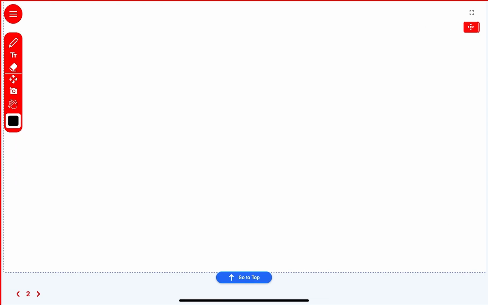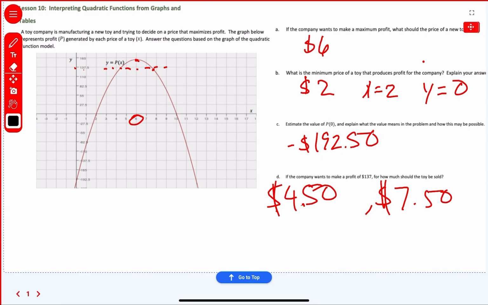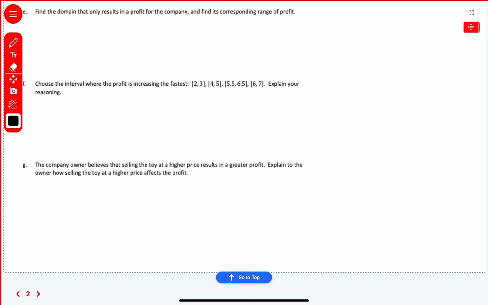Okay. Page 2. Find the domain that only results in profit for the company. So go back to your picture. What only does profit? That's the highest amount of profit. Okay, so that would be from 2 to 6.